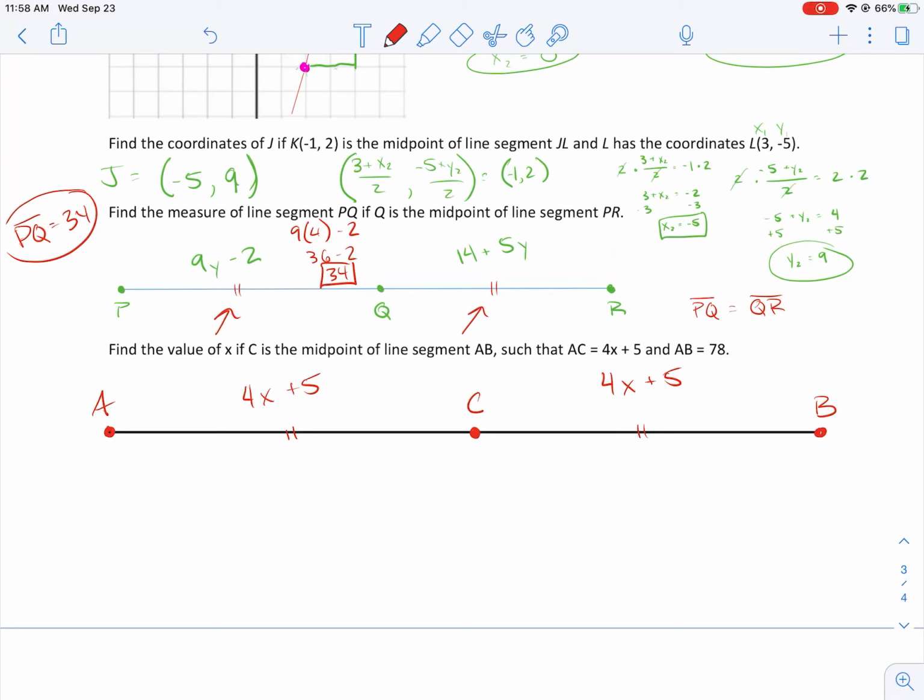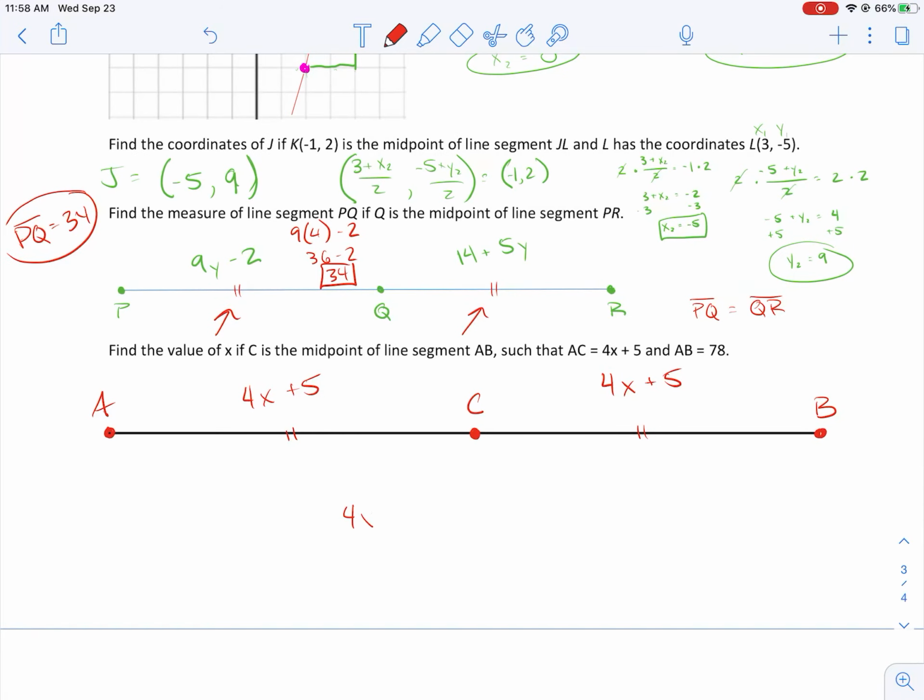Okay, so we're going to do it a little different than we did in the last one. I'm going to go 4x plus 5 times 2 is equal to the length of 78. What we're saying here is we could add these two lengths together, but I'm just going to multiply by 2.